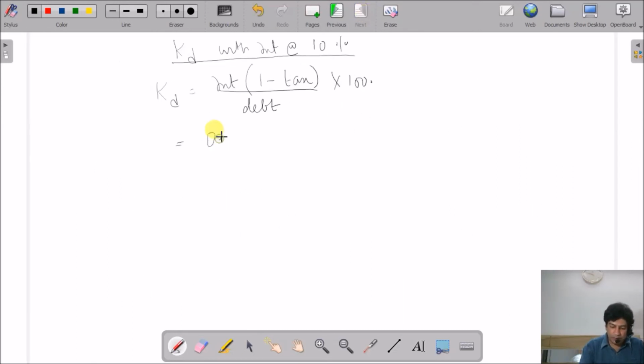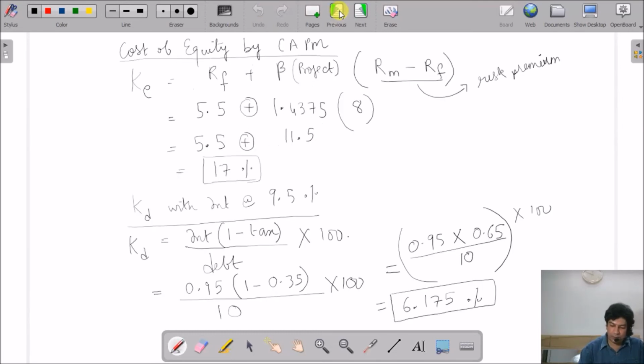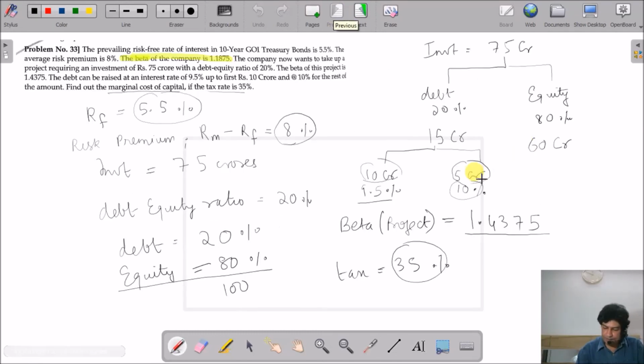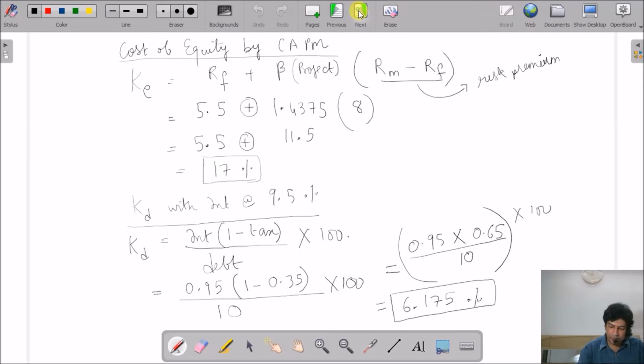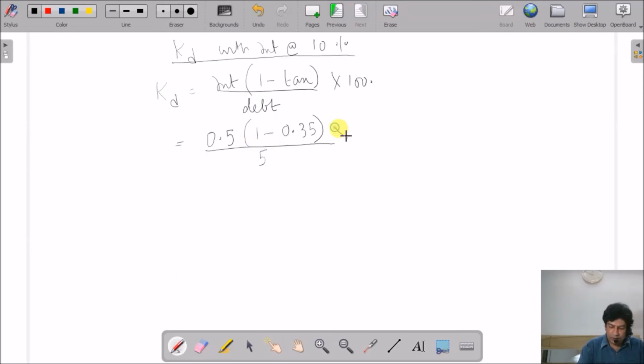So 0.5 crores, 1 minus tax of 35%, upon the debt, and how much money I have borrowed is 5 crores, into 100. So straight away I'm solving 0.5 into 0.65 divided by 5, percentage.